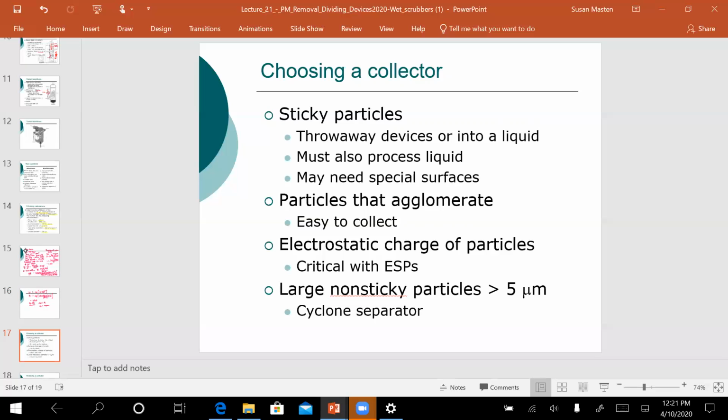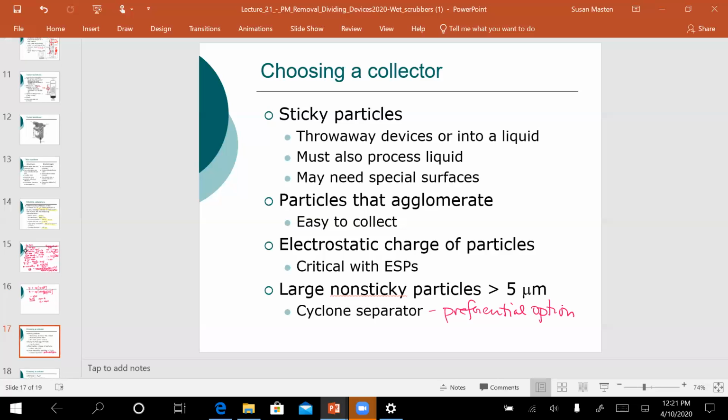Large non-sticky particles, cyclone separators typically are the preferential option. They're easy to operate. They don't have many mechanical parts, so they're slow to maintenance. They're inexpensive. So you'll often see cyclone separators used for these larger particles.